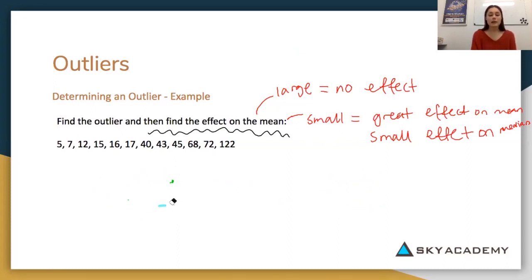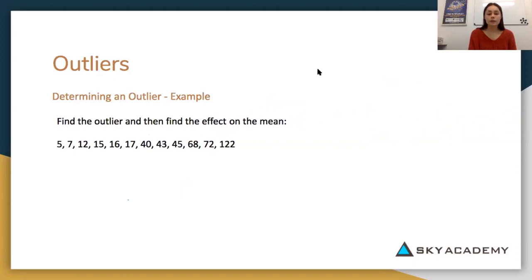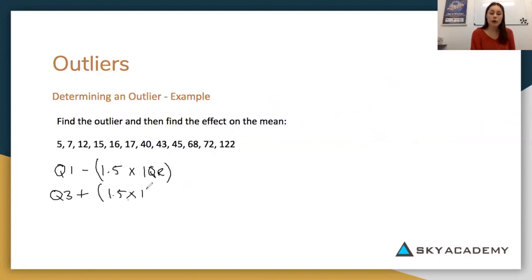So let's have a go now at finding the outlier and then determining its effect on the mean. So if you remember the outlier formulas, we have two. We have the Q1 minus 1.5 times IQR, and we have the Q3 plus 1.5 times IQR.